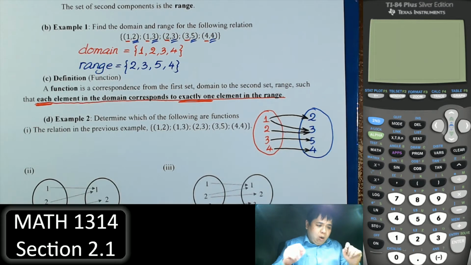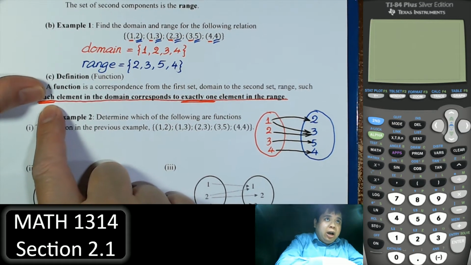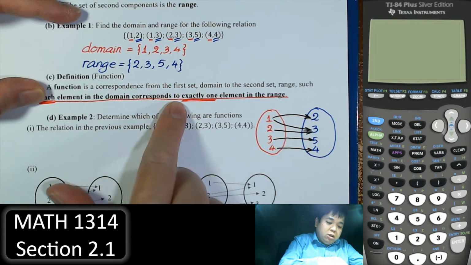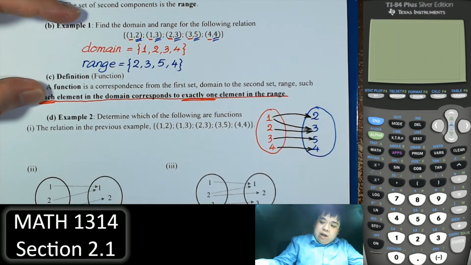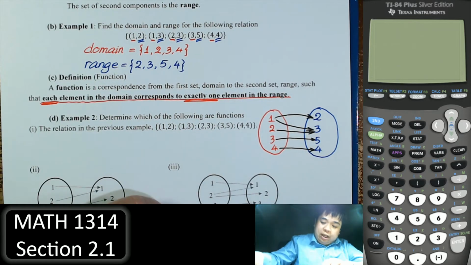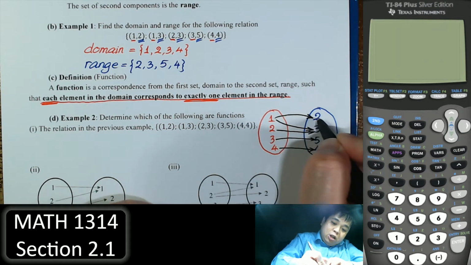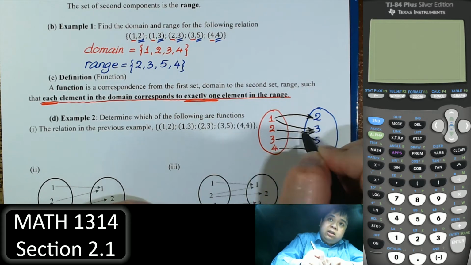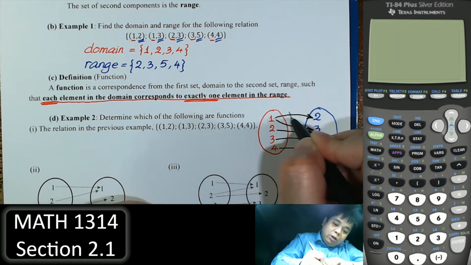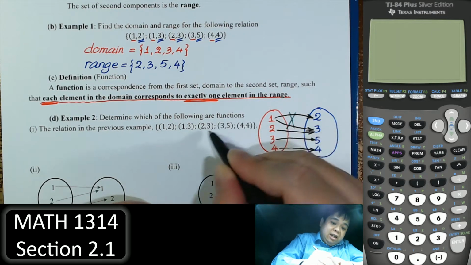According to the definition, each element in the domain corresponds to exactly one in the range. There's a problem here. We have one element in the domain, but it corresponds to two elements in the range. Because of that, this is not a function.